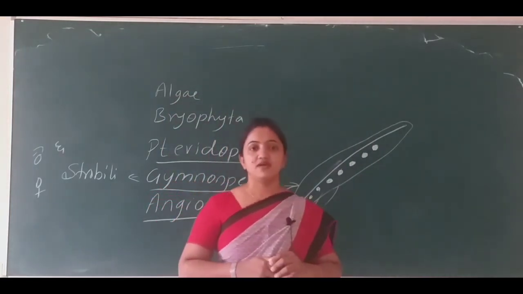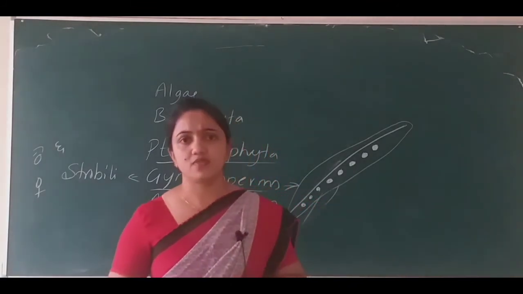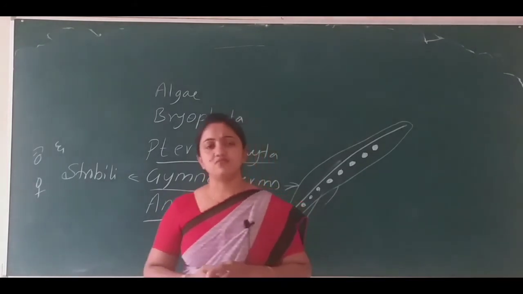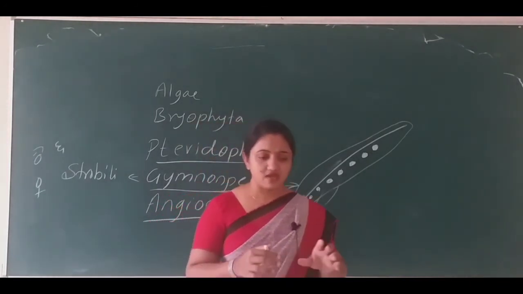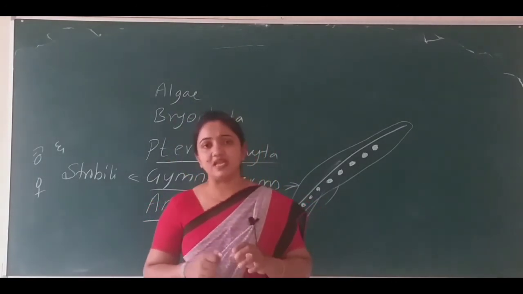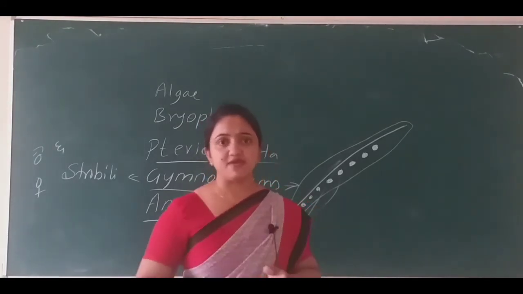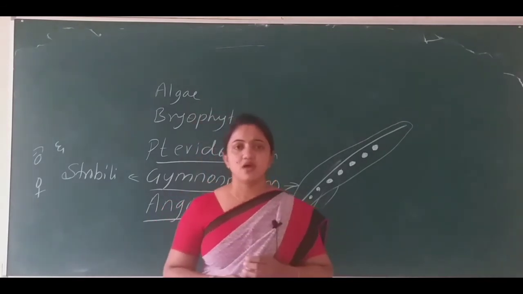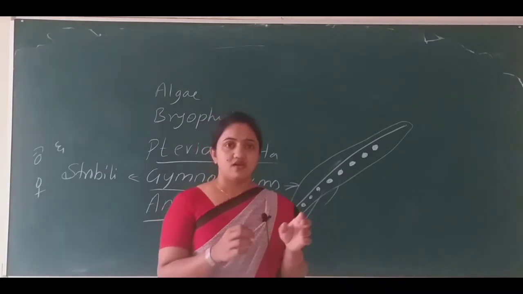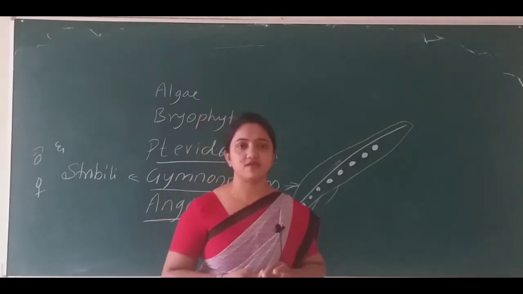For example, in our garden we usually grow aloe vera. Aloe vera comes under angiosperms. It has a number of uses, like in the treatment of skin related ailments, and diabetic patients use aloe vera. Also, aloe vera is used in cosmetics.